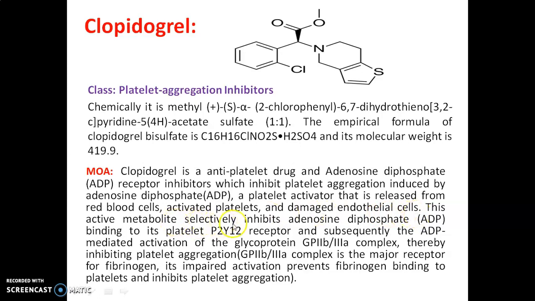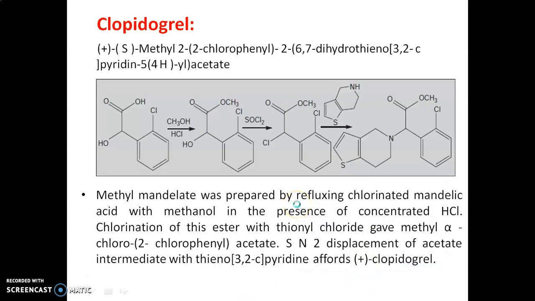This active metabolite selectively inhibits ADP binding to the platelet receptor and subsequently ADP mediated activation of glycoprotein, thereby inhibiting platelet aggregation. It is the major receptor for fibrinogen, and it prevents fibrinogen binding and platelet aggregation. So this is the function of clopidogrel.